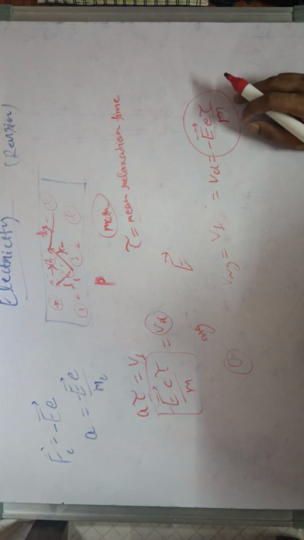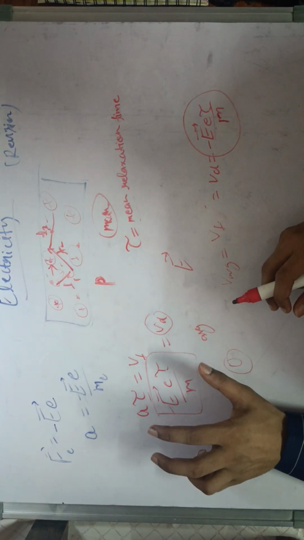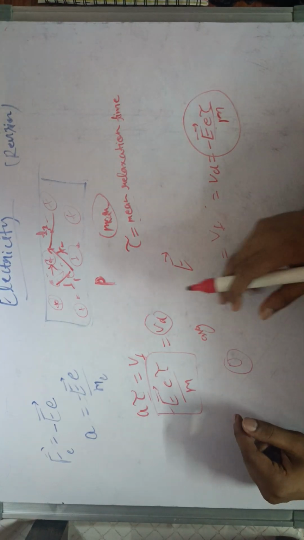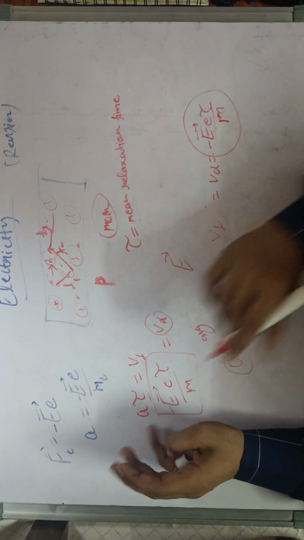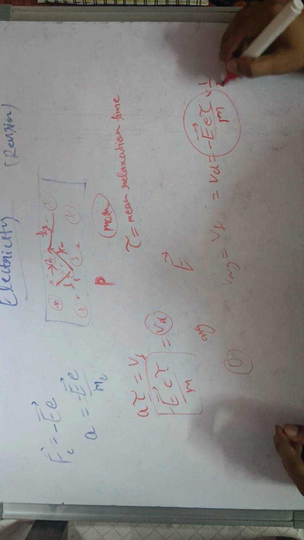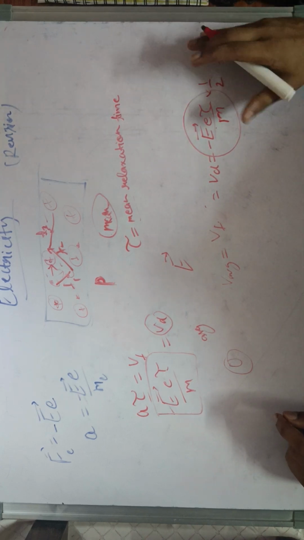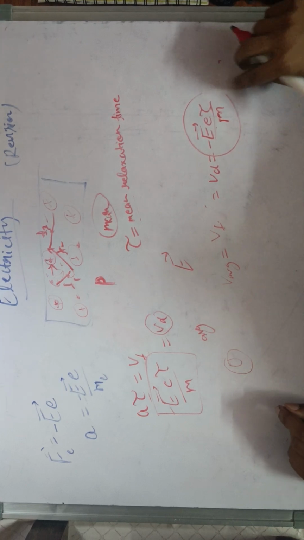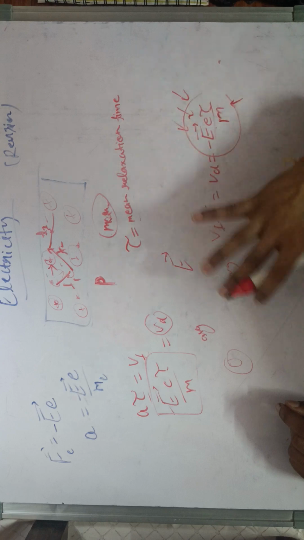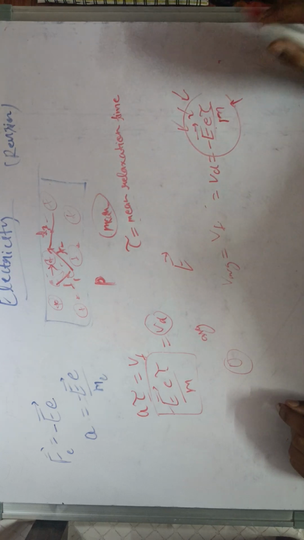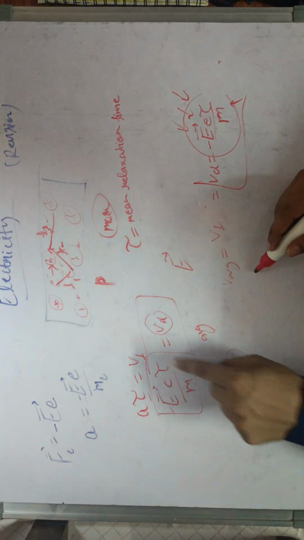It is also said that we don't actually know exactly the behavior of electron flow inside the conductor. So this factor of 1 by 2 or 1 by 3 or something else doesn't matter much. That is why we ignore that extra coefficient, and we only take care of the variables and remove the constant values from the equation. So that's why the drift velocity becomes simply e E tau by m.